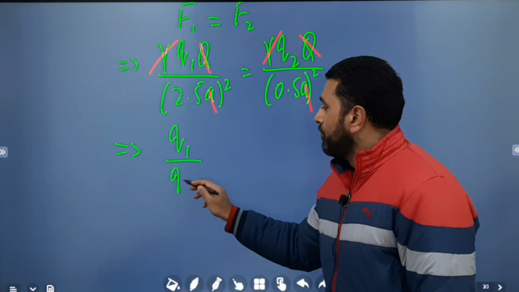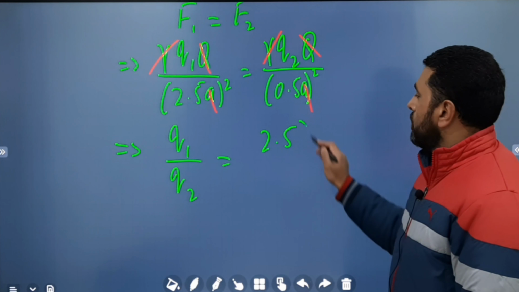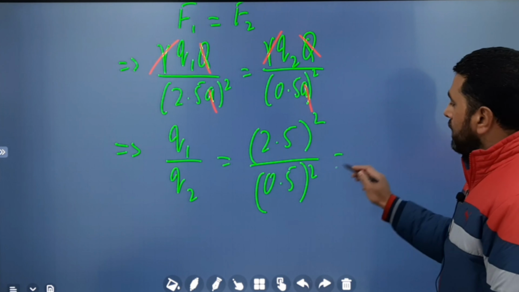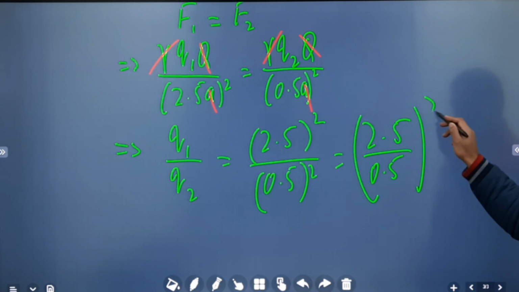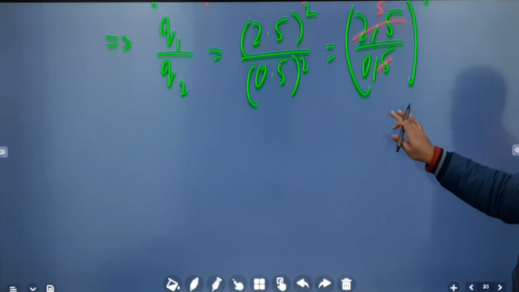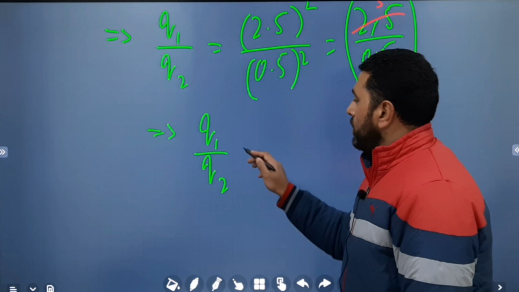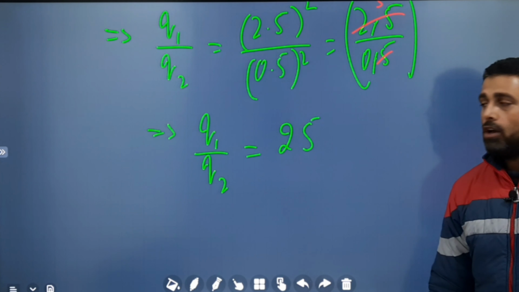So Q1 by Q2 is equal to 2.5 squared divided by 0.5 squared, which is 2.5 divided by 0.5 whole squared. That is 5 squared, which is 25. So Q1 by Q2 is equal to 25. So this is the ratio.